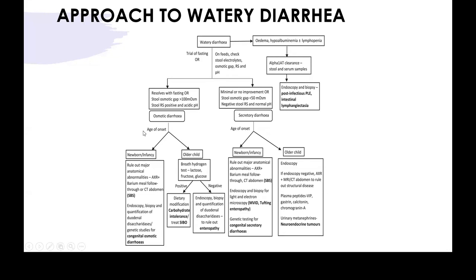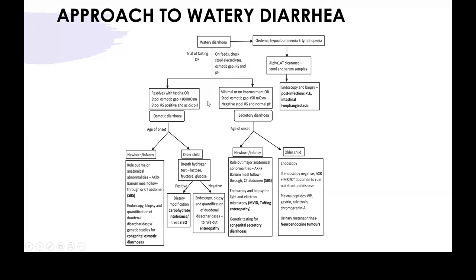And if it is osmotic diarrhea, whether this is a congenital condition or whether it's developing in an older child, based on these tests, you can narrow down your diagnosis. So I'm not going to discuss this in detail. All the tests and the evaluation which we have discussed earlier, we have put into this algorithm.